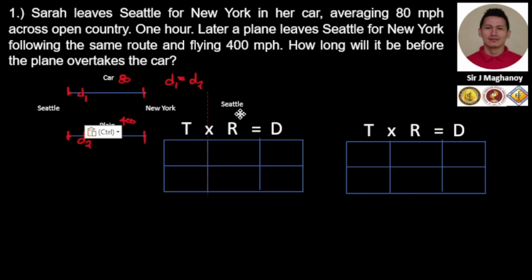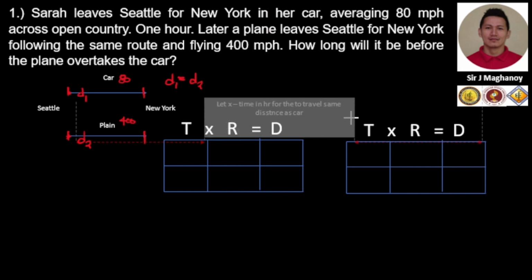So we let x be our time in hours for the plane to travel the same distance as the car. That is our box number 1.